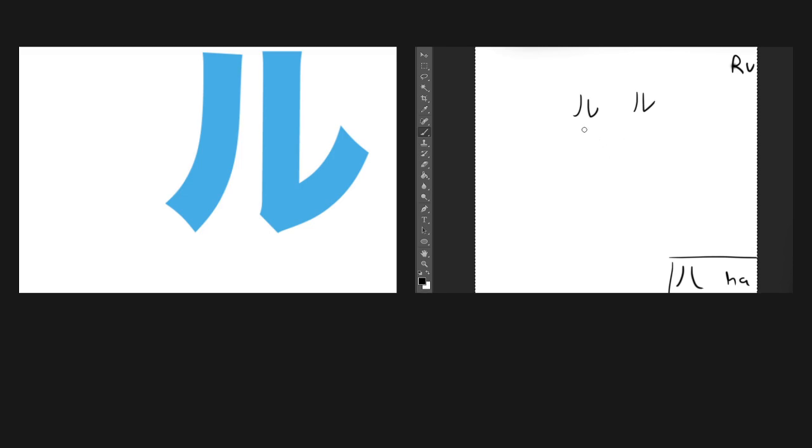It goes back up. It's got a little bit of a curve to it, but you really want to make sure you're capturing that uptick. It's not just a tick, make sure you continue the line. I don't know if that looks like Ru. So that's Ru.